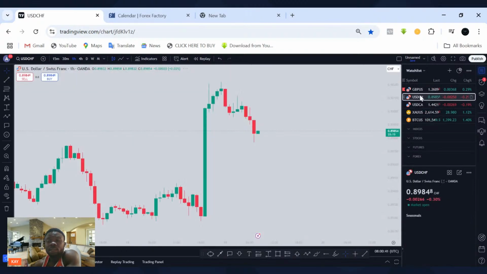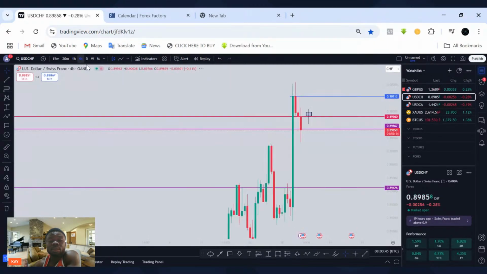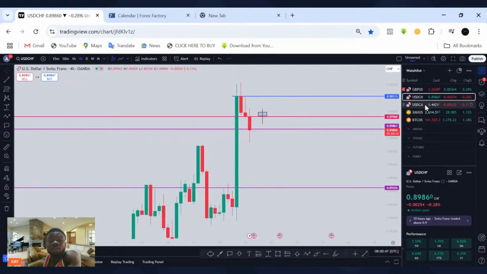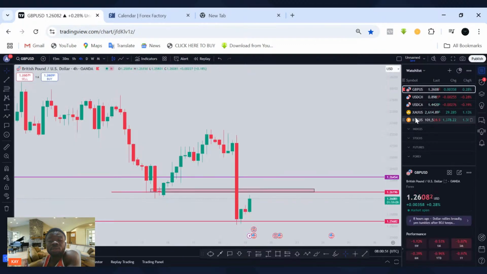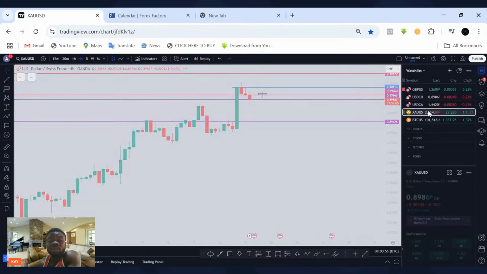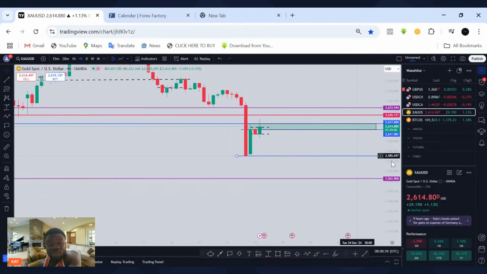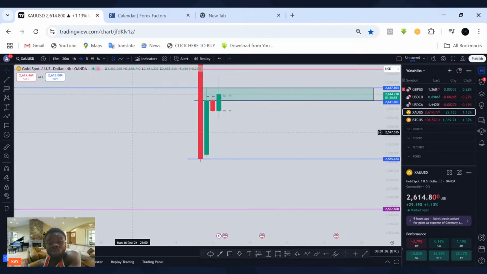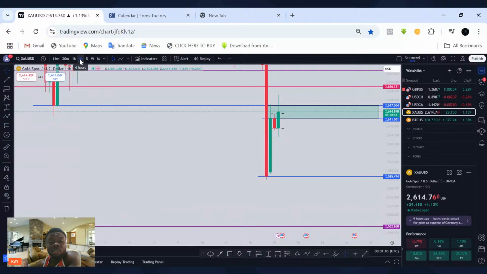So let's check out USDCHF. Nothing better. So the markets, because of the move yesterday, are all trending. Normally when a major move like that happens, you get a clear price action.